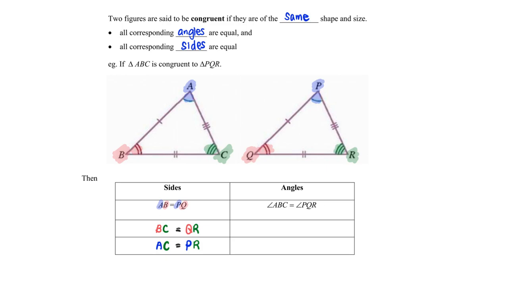Meaning angle A, B, C. Corresponding angle would be P, Q, R. So if I were to write angle BAC, this angle will be equal to angle QPR.